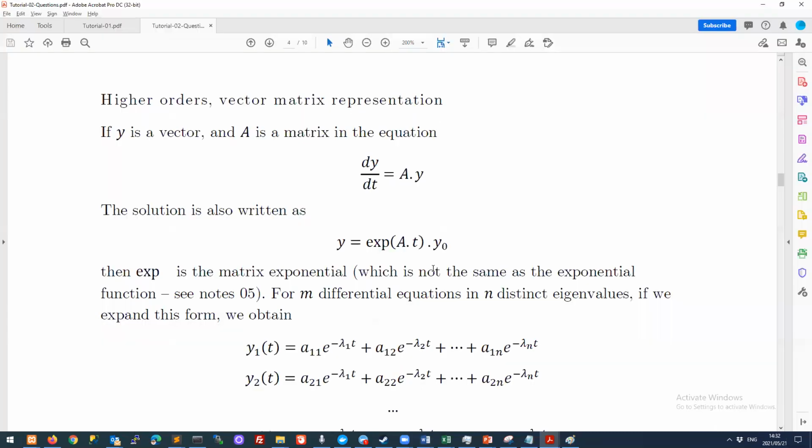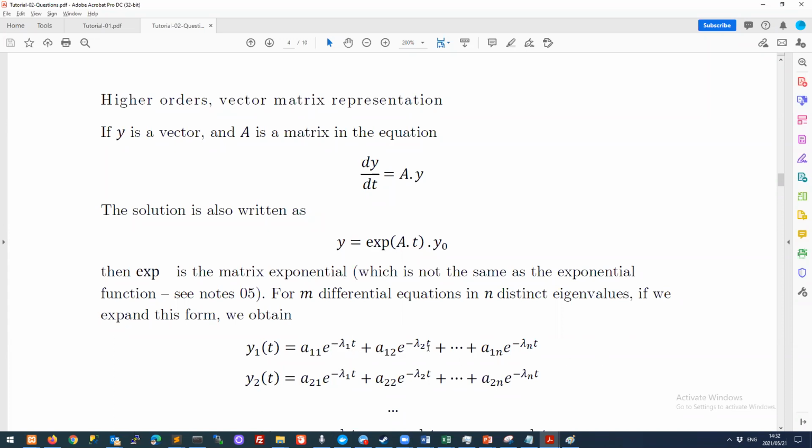And in that case, our solution is also written in the same way. Earlier we saw the single equation case has exactly the same form, but this function is then not the same thing. This is the so-called matrix exponential. If you recall your second year linear algebra course, the matrix exponential is determined through the eigenvectors and eigenvalues. If you expand that out, you'll find that the matrix exponential is actually a linear combination of e to the power lambda t.